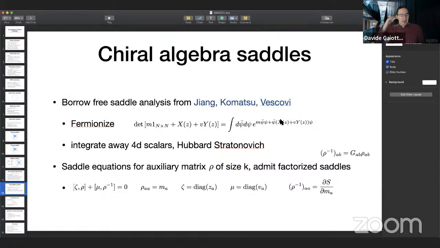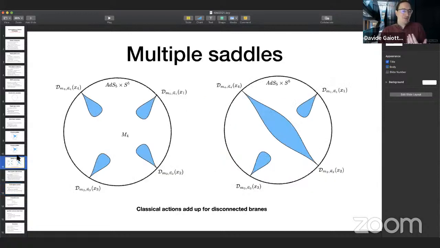And so in the large n limit, you can then study the behavior of this setup by looking at classical saddles for this action for rho. And this was the proposal of Jan Komatsu and Vescovi, that the classical saddles of the action for rho should be identified with essentially the geometric saddles on the holographic dual side.